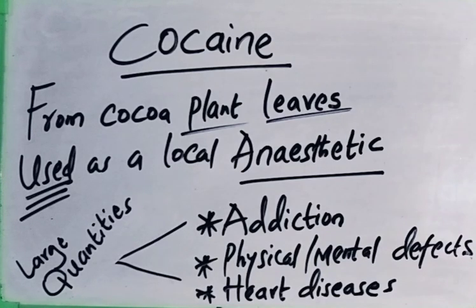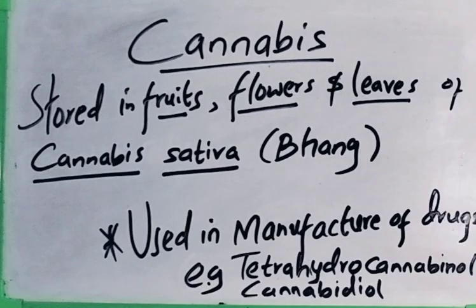Cannabis. Cannabis is stored in fruits, flowers, and leaves of Cannabis sativa, what people call bhang, and it is used in the manufacture of drugs. For example, there is a drug we call tetrahydrocannabinol.